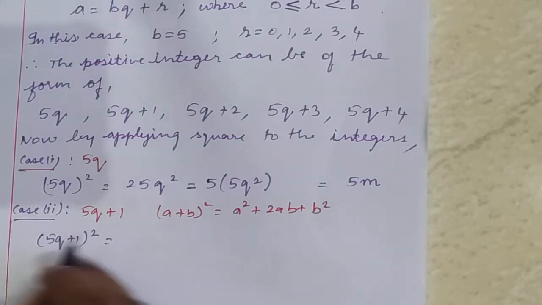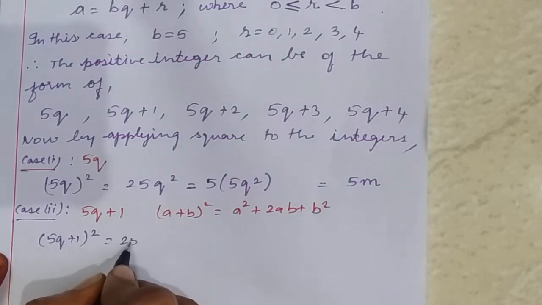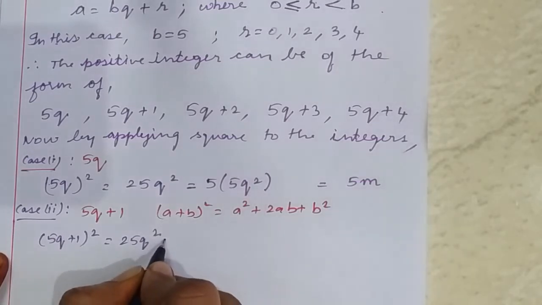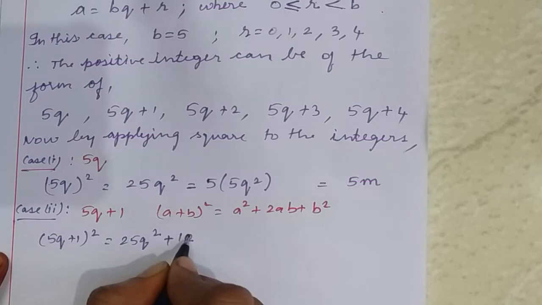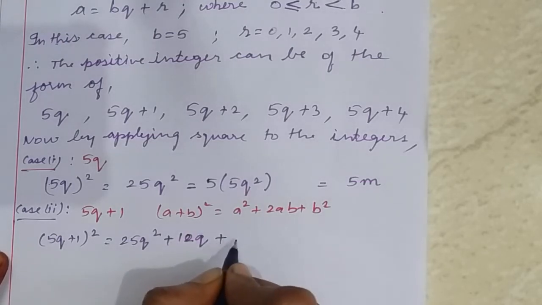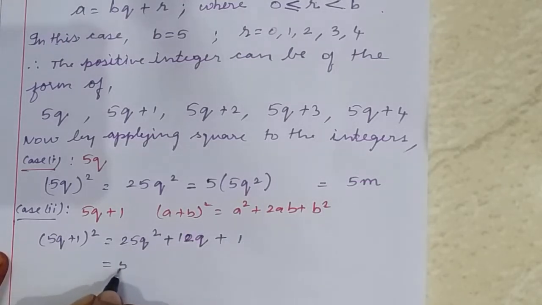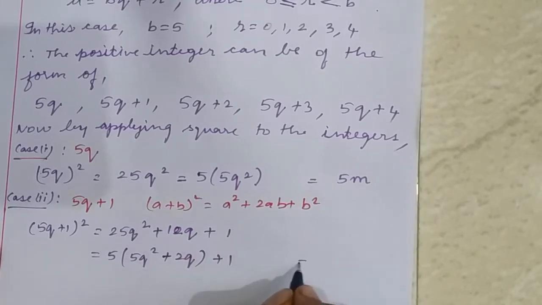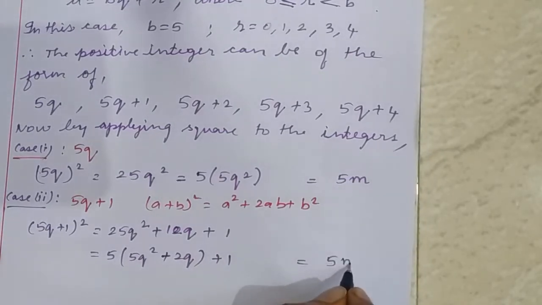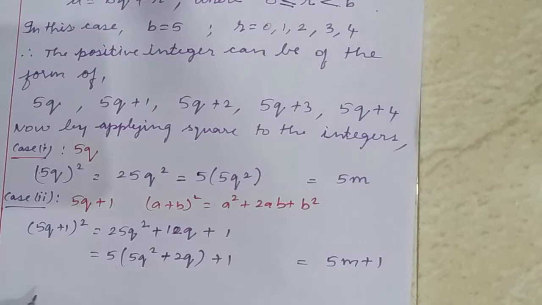So I'm going to apply this formula here. It will be 25q square plus 2 into a into b, which is 10q, plus 1 square. So I'm going to take 5 as common. It will be 5 times 5q square plus 2q, plus 1. So it is of the form 5m plus 1.